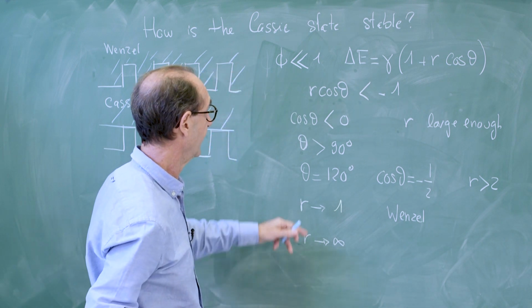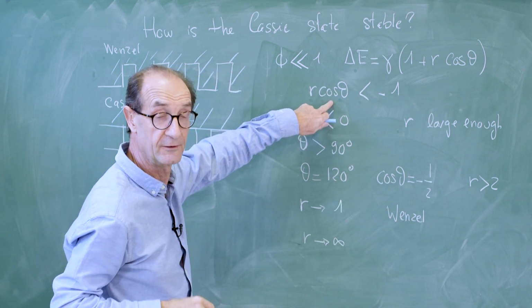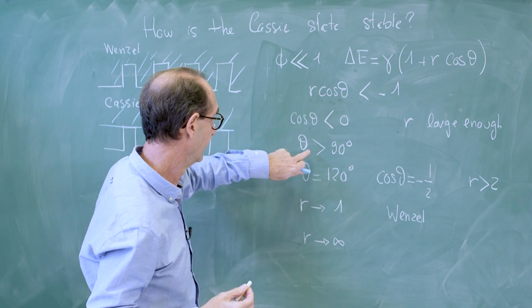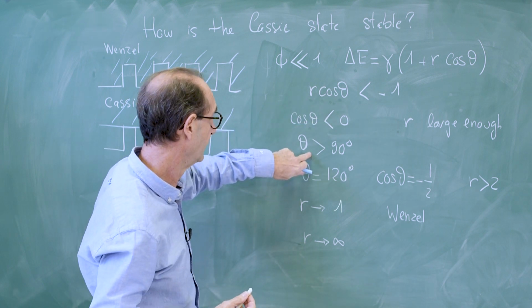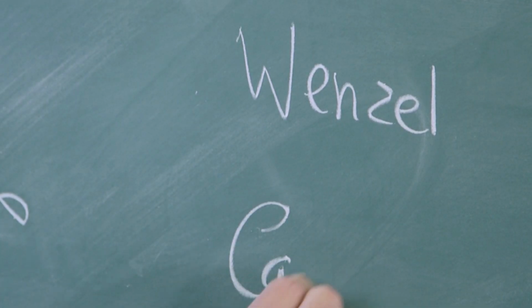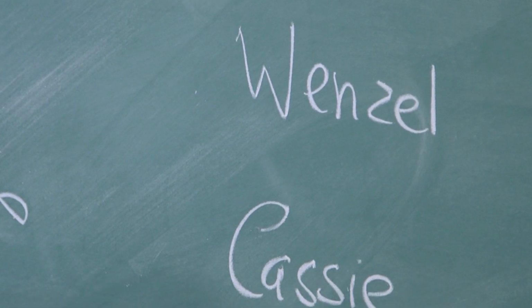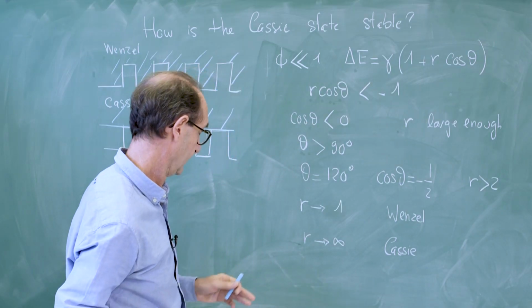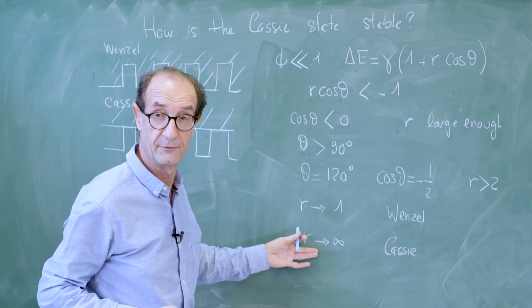And in this case, as soon as cosine theta is negative, that is, as soon as theta is larger than 90 degrees, we will always favor the Cassie state. So in order to fabricate superhydrophobic substrates, we need to have very rough surfaces.